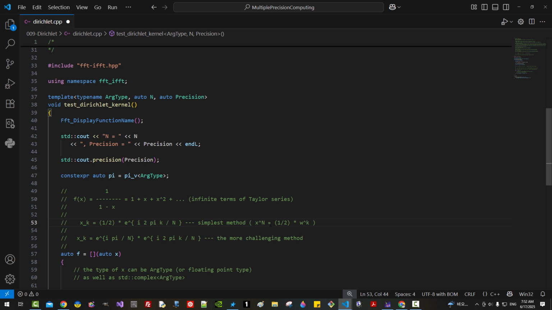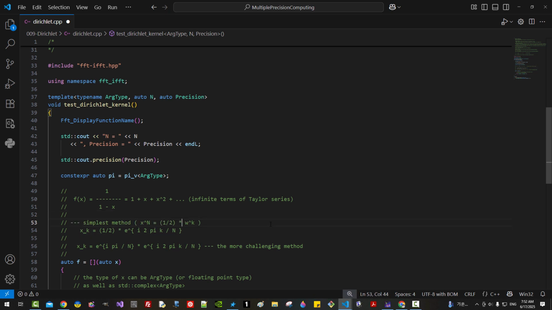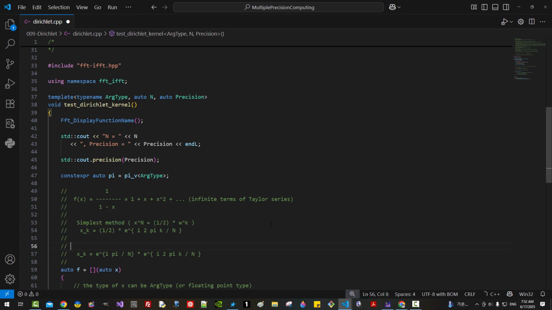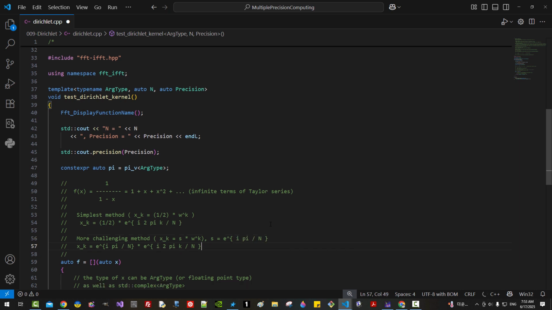I would copy, cut, paste. I would cut, paste. More challenging method. It should be xk times omega k, where s is e to the power I phi over n.